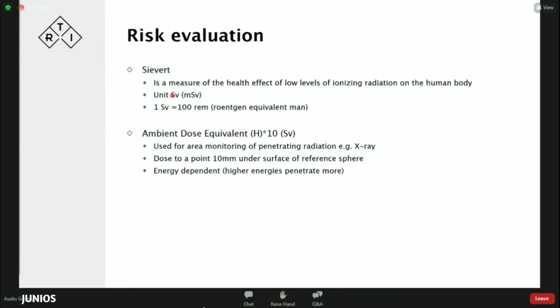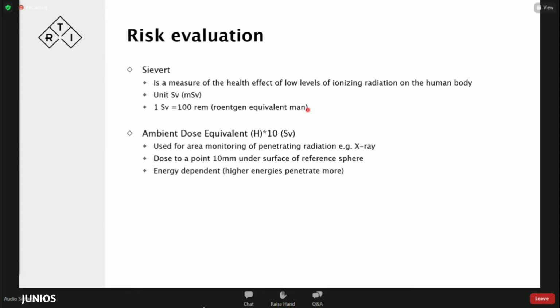The abbreviation for the unit is Sv, capital S, small v, and the most familiar unit that we encounter in our measurements is the millisievert. 1 sievert is equal to 100 rem. Rem is Röntgen equivalent man, which is an older unit of measurement. We don't really use this much anymore.